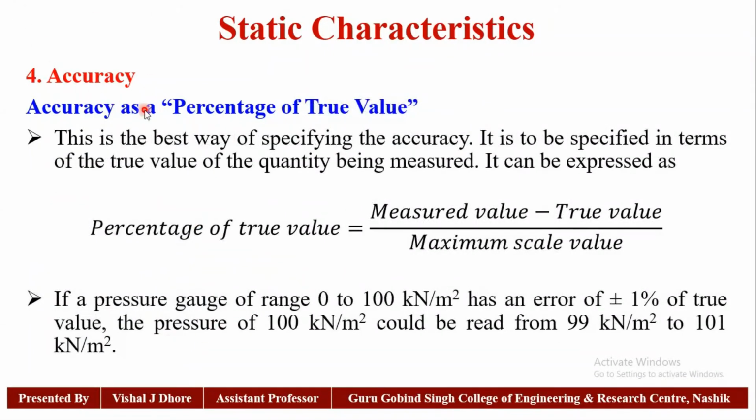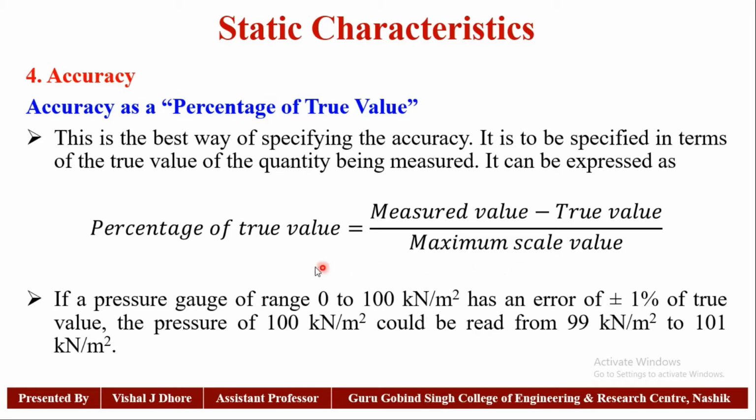Now, accuracy as a percentage of true value. This is the best way of specifying the accuracy. It is specified in terms of the true value of the quantity being measured. It can be expressed as the percentage of true value is equal to measured value minus true value divided by maximum scale value.